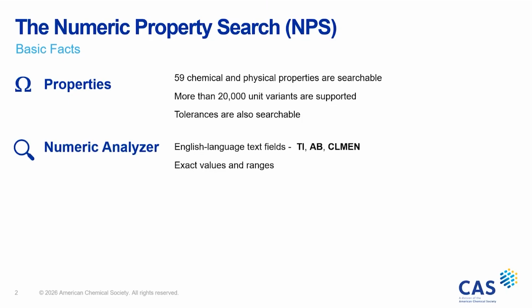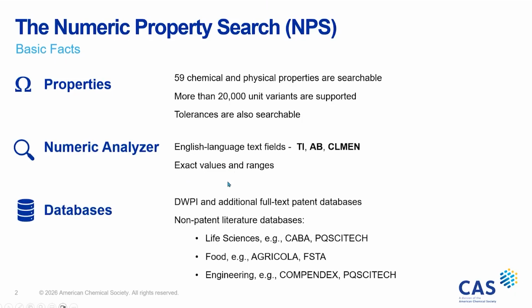The core of this system is the numeric analyzer, which is an algorithm that is scanning English language text fields, for instance titles, abstracts, and English claims for a particular patent database. That numeric analyzer will identify exact values and ranges, and then link them to respective properties. And those are made available for searching in specific search fields.